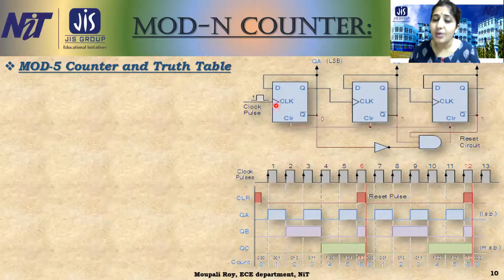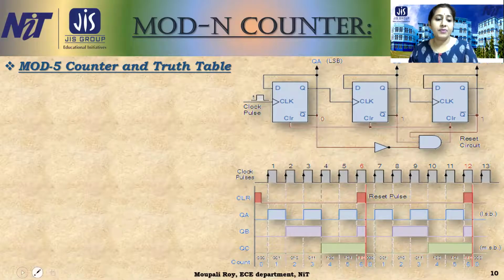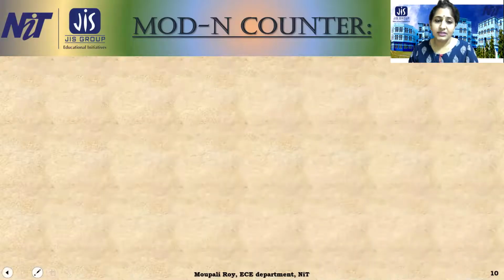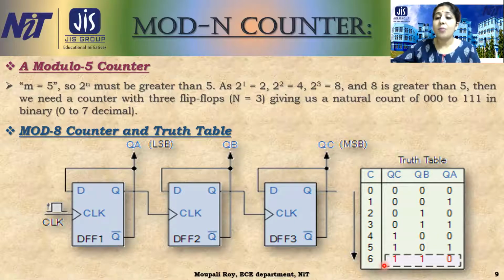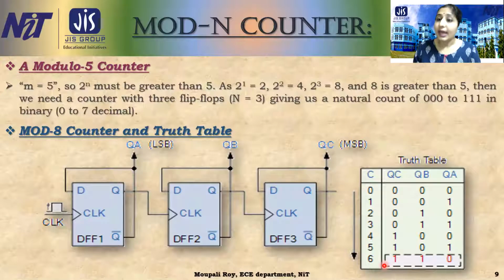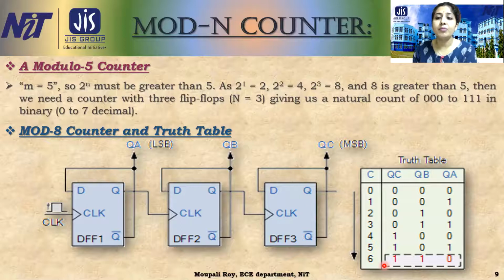And how are we getting this circuit? In the previous slide, see, this is the input. So what is the process to get this mod counter? We have to use the excitation table for the flip-flop. Which flip-flop are we using?